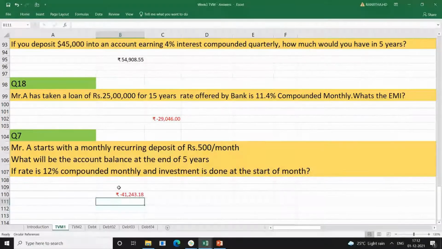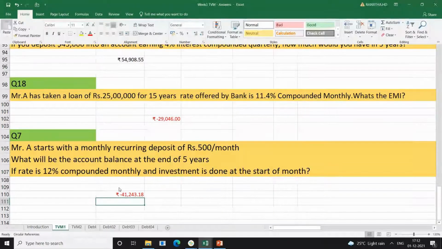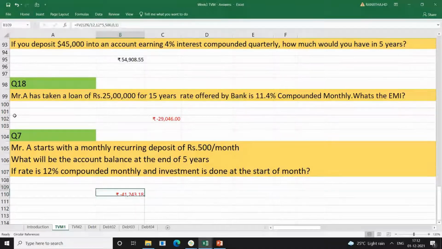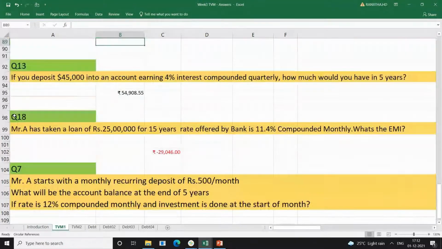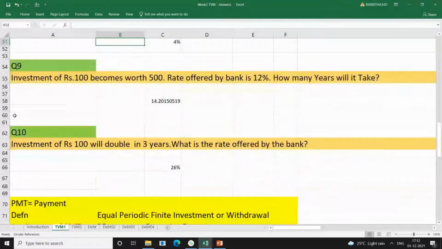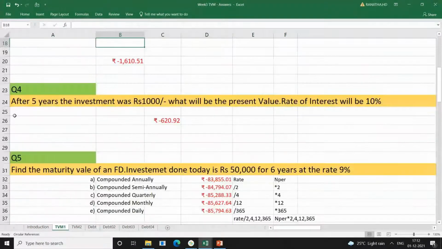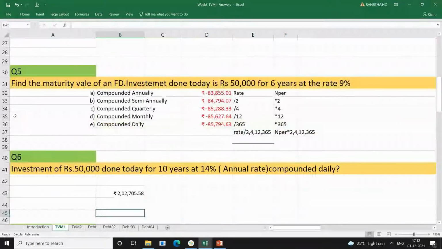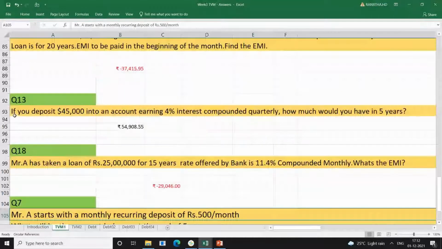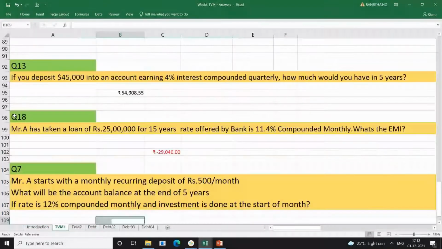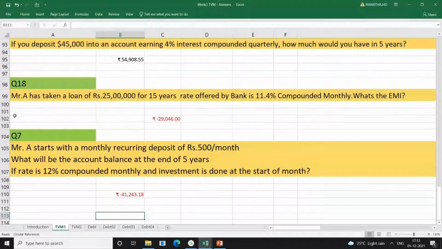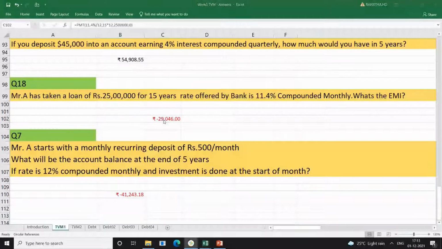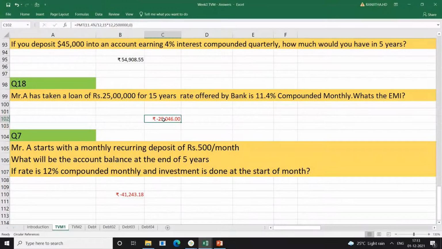Okay. Here only it is there, no? It is compounded monthly. So that is 12.